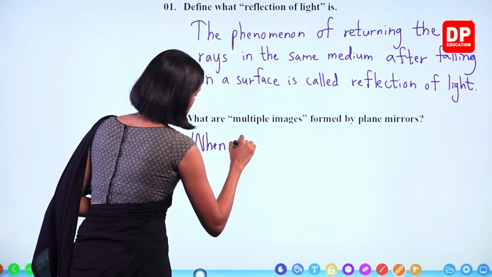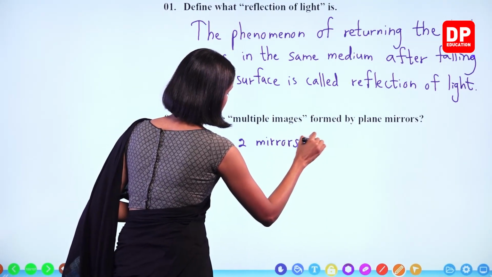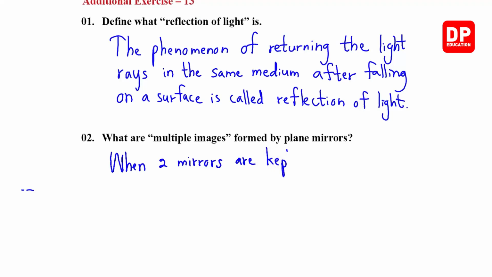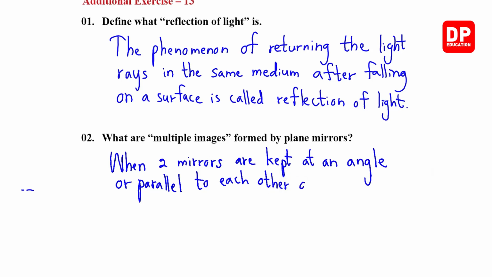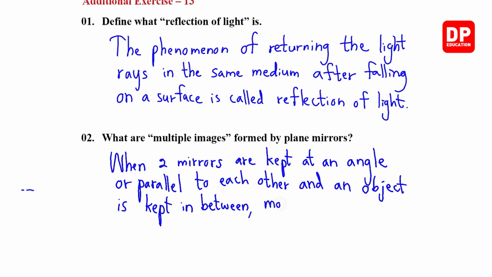When two mirrors are kept at an angle or parallel to each other, and an object is kept or placed in between, more than one image are formed.